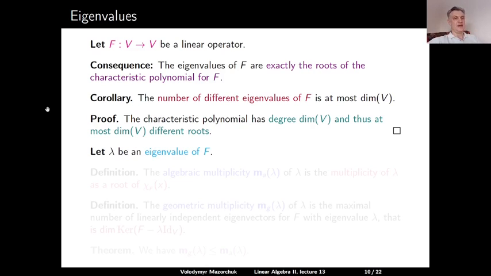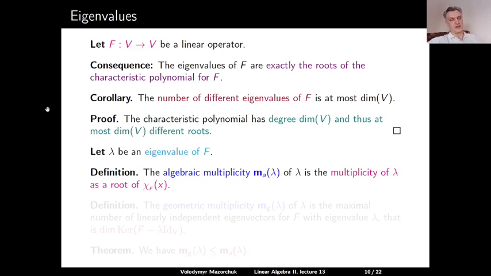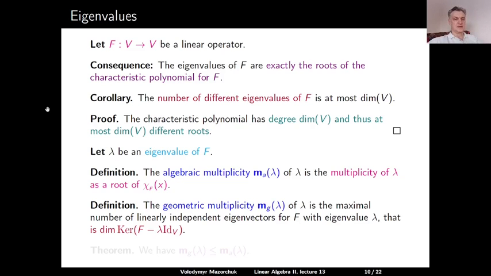So let lambda be an eigenvalue of F. We define the algebraic multiplicity of this eigenvalue as the multiplicity of lambda as a root of the characteristic polynomial. If lambda is not an eigenvalue, then the algebraic multiplicity of lambda is 0. Another definition: the geometric multiplicity of lambda is defined as the maximal number of linearly independent eigenvectors for F with eigenvalue lambda.